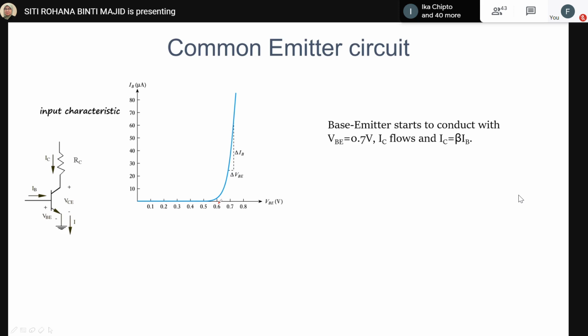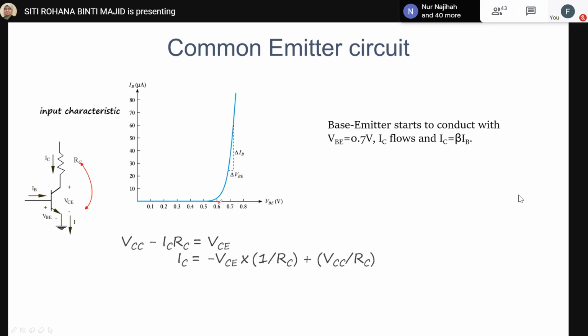Beta, we already know from the previous lecture. It is normally a number from 1 to 100 or 200. IB we can calculate from the input loop, and then you can get this equation.